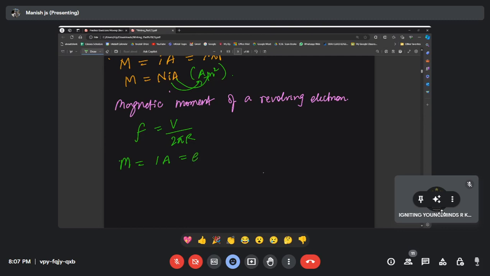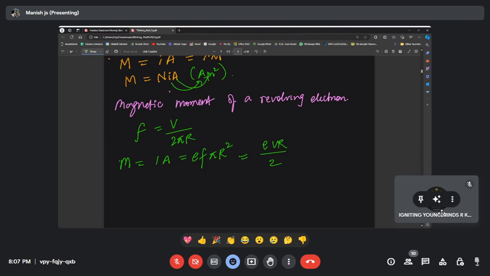So e times f, the product of the charge and f, times pi r square. Further expressing it, it becomes e v r upon 2. So whenever you have a revolving electron, we can express it like this.